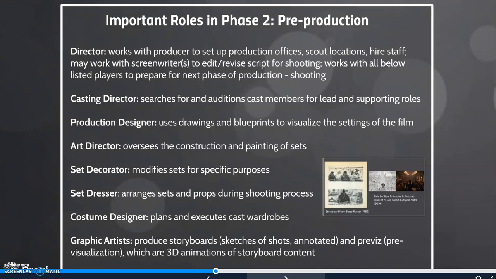The costume designer is exactly what it sounds like. This is the person who plans the cast wardrobes. And then you have an entire host of graphic artists who produce things like storyboards, pre-visualization, and animatics. These are the people who help the director visualize, before a camera is ever even switched on, what we want this movie to look like.